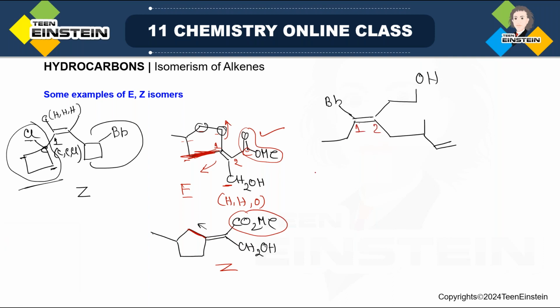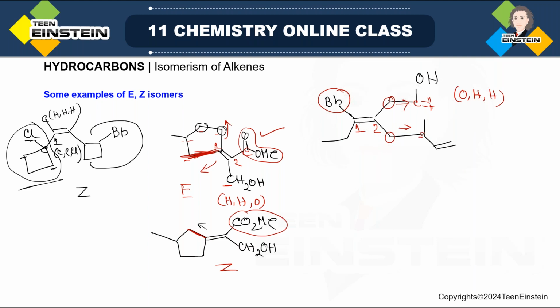So if you consider carbon number 1, obviously this is the higher priority, that is easy to understand. But what about carbon number 2? In carbon number 2, if you move from carbon number 2, CH2, CH2, so there will be a tie. Move to the next carbon. With this carbon, you have 2 hydrogen and 1 oxygen. So you can write it like this.